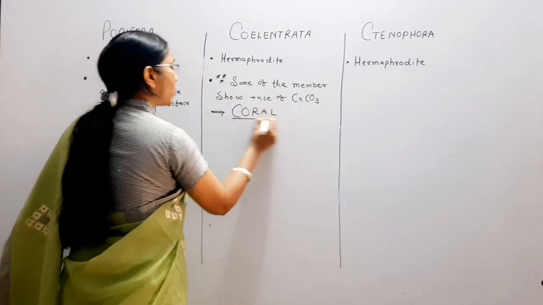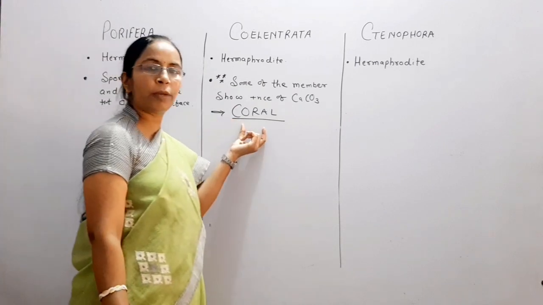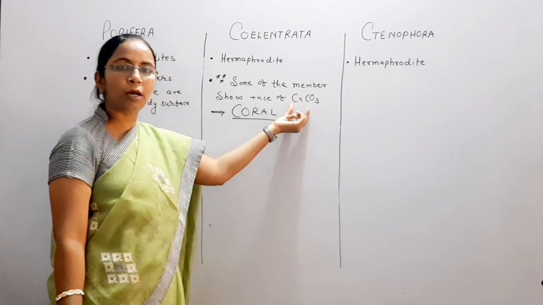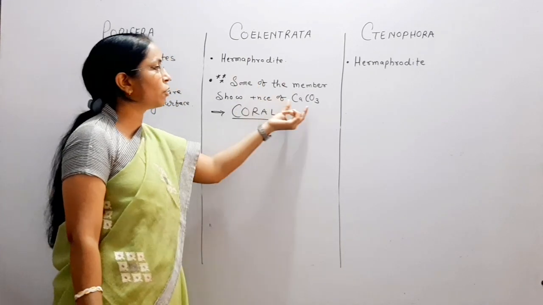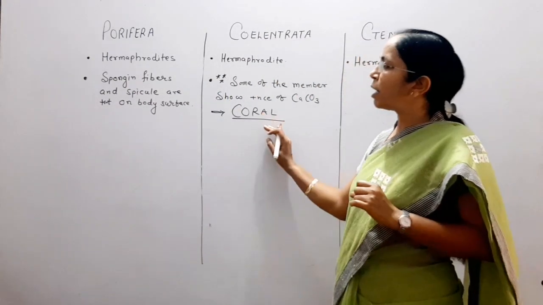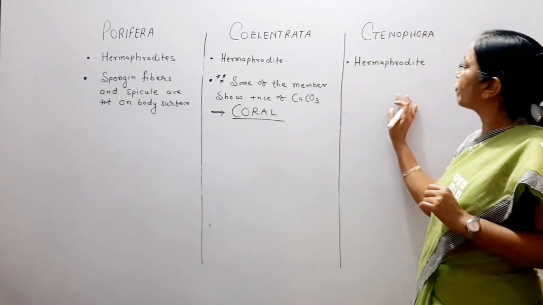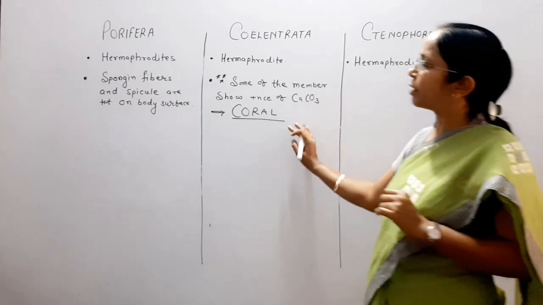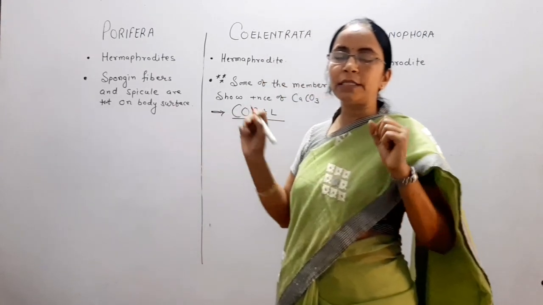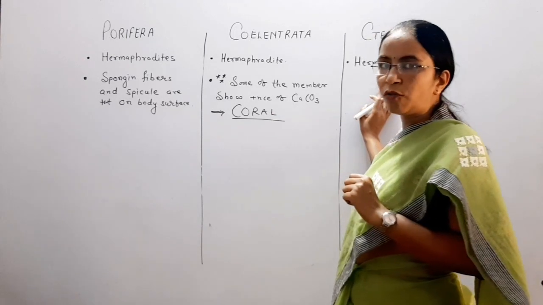Coral formation in the ocean or sea is an identical phenomenon, and corals are formed through the calcium carbonate deposited in the body wall. For ctenophores, there is no specific feature regarding the body wall; only the presence of 8 comb rows is the identical feature of Ctenophora.